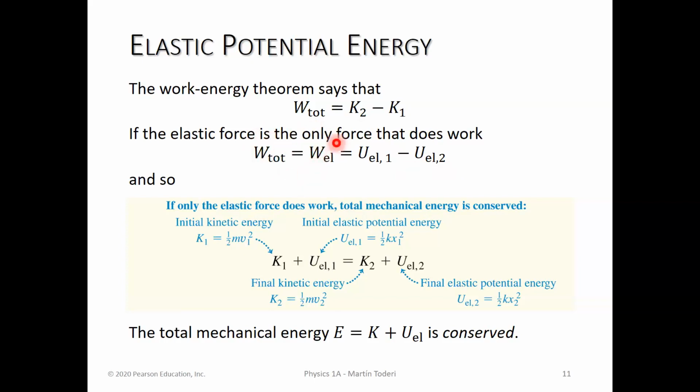So we have the work of the elastic force equal to the variation of the kinetic energy, and then we have this nice expression down here where we can group what's happening at point 1 with point 1 and point 2 with point 2. So we have the kinetic energy plus the potential energy at point 1 equal to the kinetic energy at point 2 plus the potential energy at point 2.